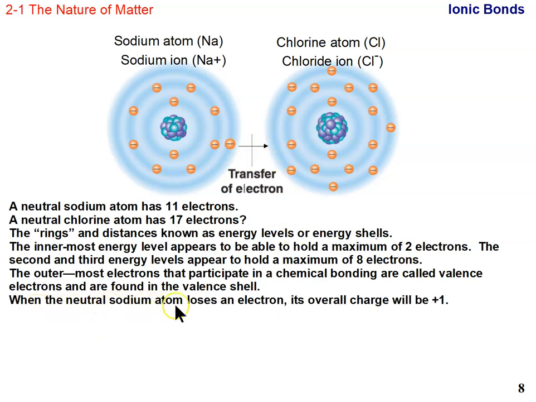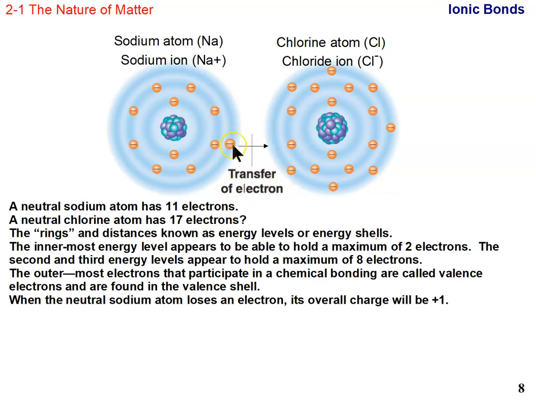When the neutral sodium atom loses an electron, its overall charge will be +1. So notice this arrow here in the diagram. It's referring to the transfer, as is labeled, the transfer of that electron.